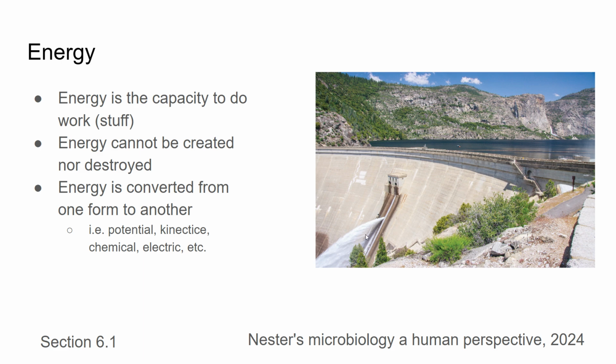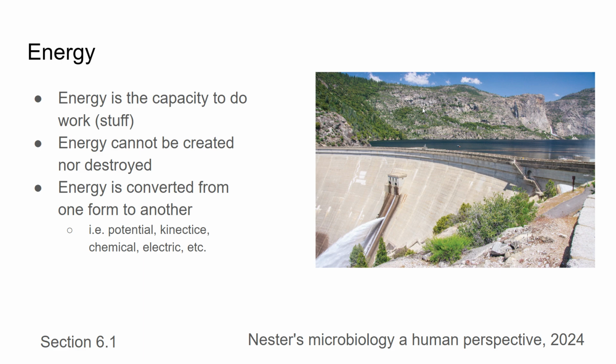water to flow down. They can capture some of that kinetic energy with the turbines and use it to generate electrical energy. And down the line, that electrical energy can go and charge up your cell phone battery, and that would be chemical energy. So energy is just the ability to do something, and it can be transferred.